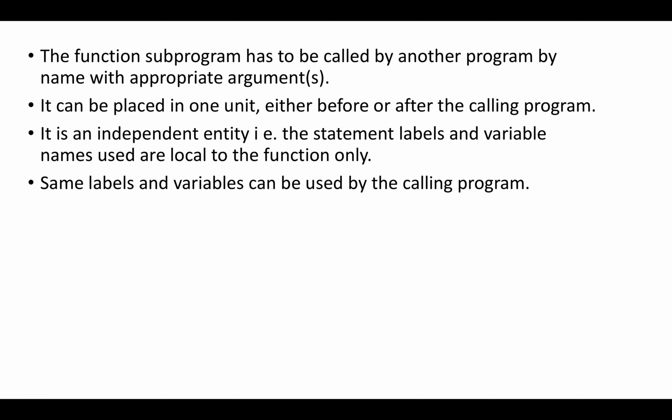What does it mean? Suppose we defined a variable I whose value is 1 in the main program, and I use the same variable I whose value is 0 in the function subprogram. These two values do not mix with each other, so they are independent entities. They are not global variables, they are local to that function only.